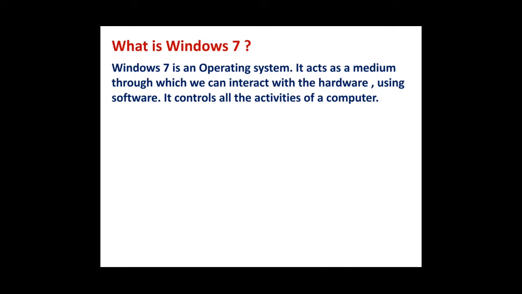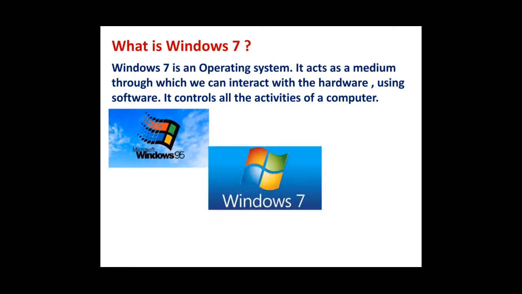There are many types of operating systems available. Examples are Windows 7, Linux, Unix, right? But Windows 7 is the most popular one because it has many good features which we'll discuss in this video later. Now here are a few versions: Windows 95, Windows 7 and Windows 10.